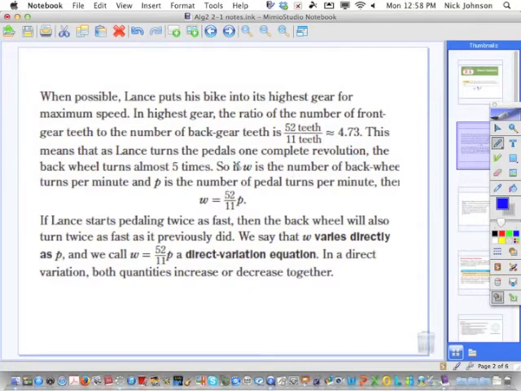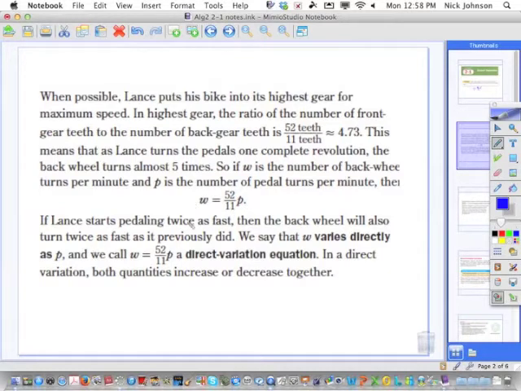This means as Lance turns his pedals one complete revolution, the back wheel turns almost 5 times. So if W is the number of back wheel turns per minute, and P is the number of pedal turns per minute, then W is equal to 52 divided by 11 times P.